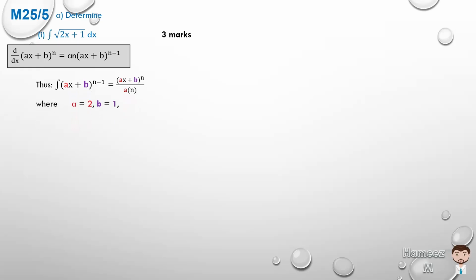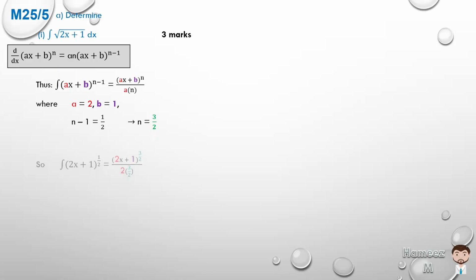Now, if we look at our original equation, a is the coefficient of x, which is 2. b is plus 1. And of course, n is the square root, which is also known as the power half. As such, n is equal to 1.5, or 3 over 2. So we know a, b, and n, so we can substitute accordingly.